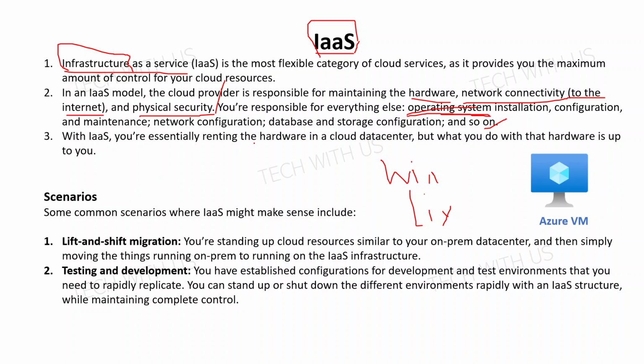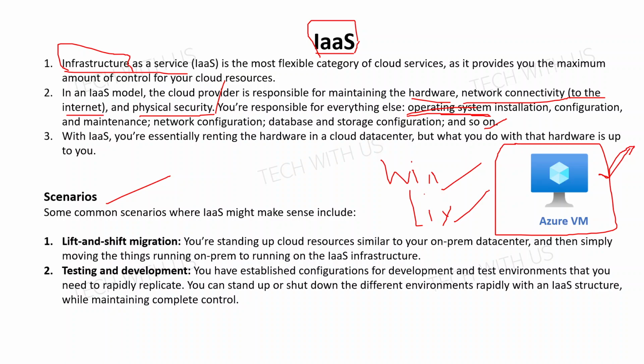One of the main examples of IaaS is Azure VM. If you are going for an interview and they ask what is an example of IaaS, you can say Azure VM is the main example, because I can just create a VM and choose which OS I need to install inside it, whether Windows or Linux.